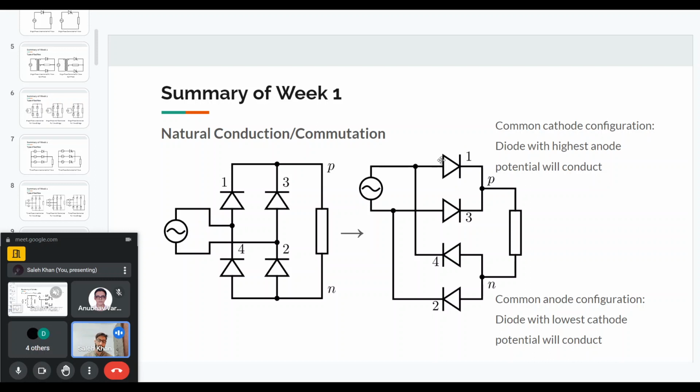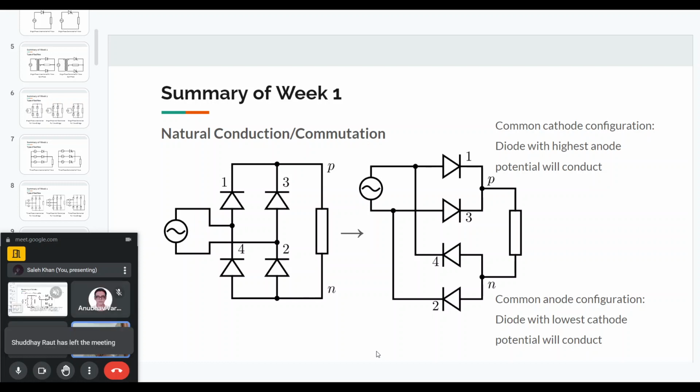Commutation means when the conducting device changes from one device to another. So if the voltage is changing and before D1 was at a higher potential and then D3 becomes higher, then D3 will conduct and D1 will stop conducting. So that is commutation from 1 to 3.